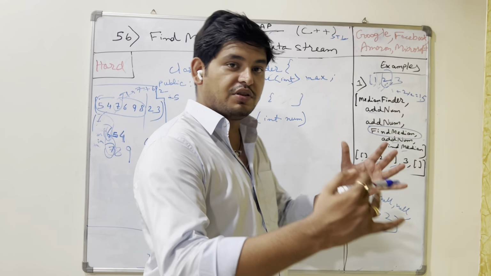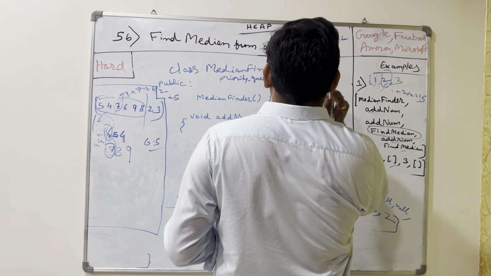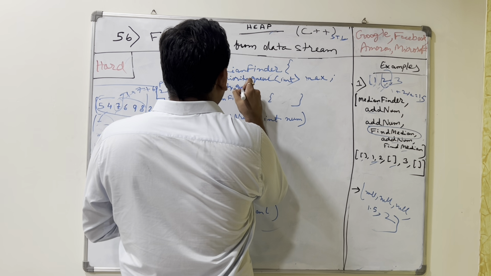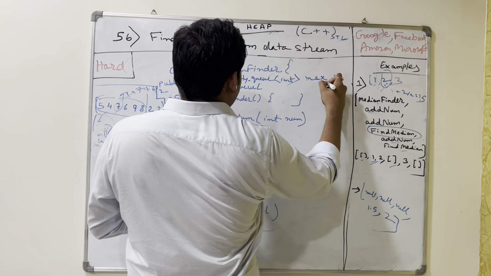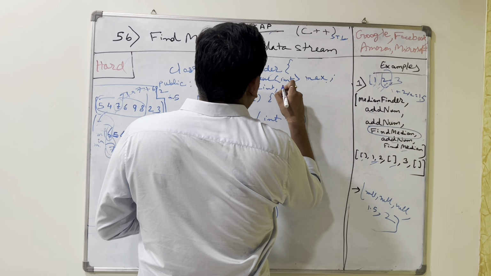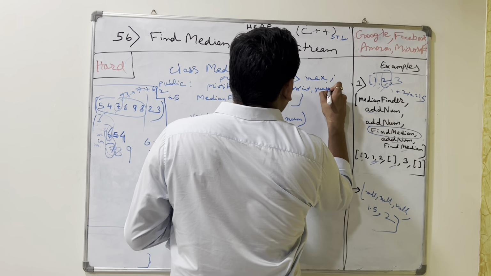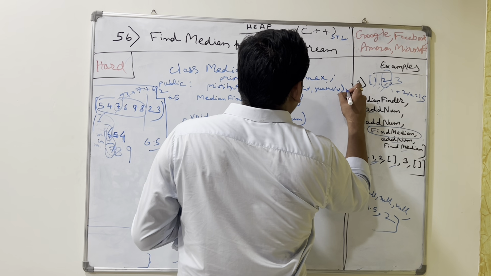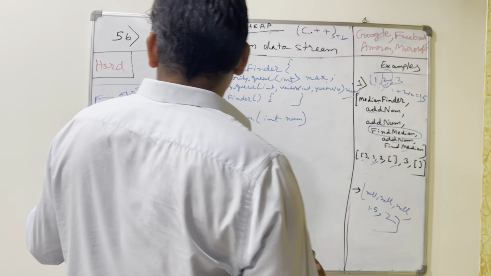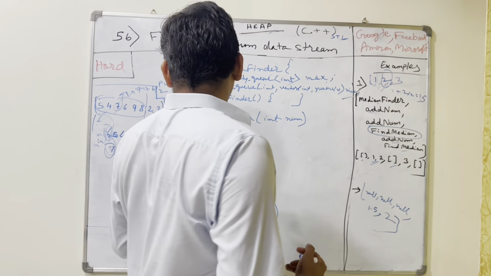The maximum values are going to the min heap. So though it is a min heap, I am naming it as max. Then we declare a priority queue, vector of int, greater int, and this is min. This min is actually a max heap, but it will contain the minimum values, right? The smaller values, so that we can maintain the order.